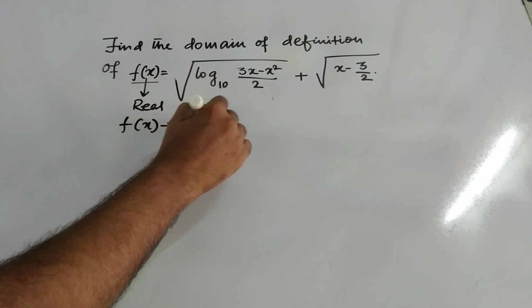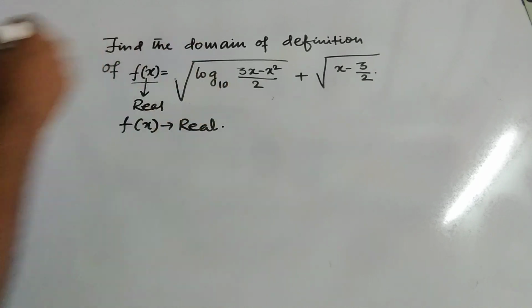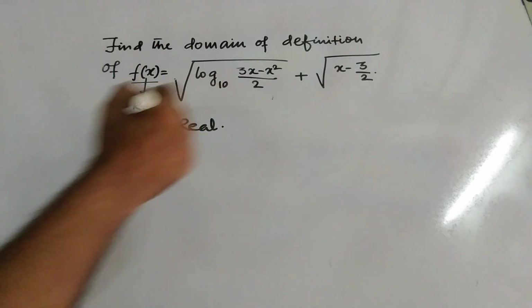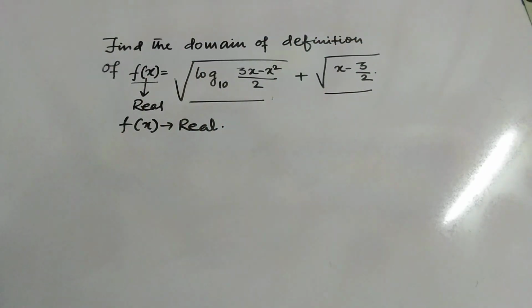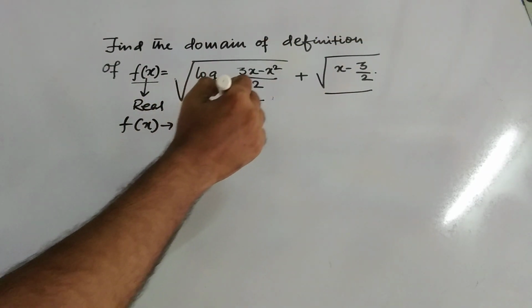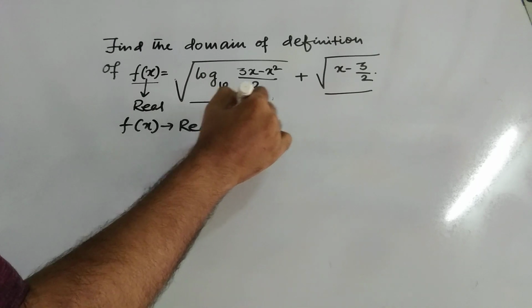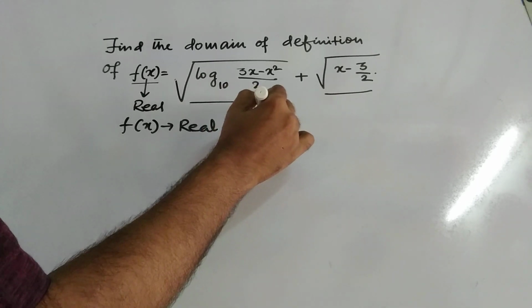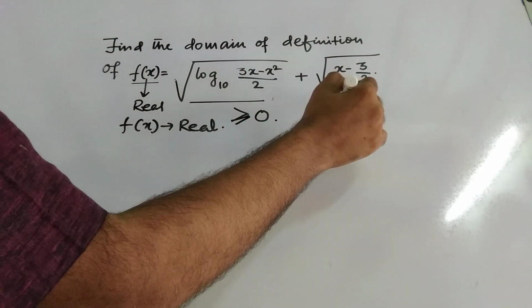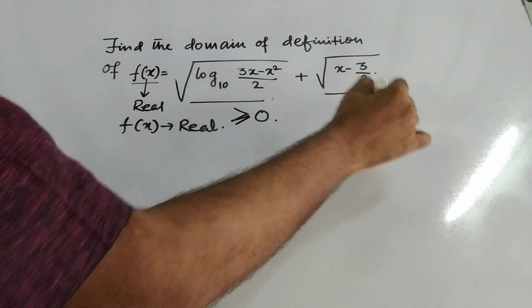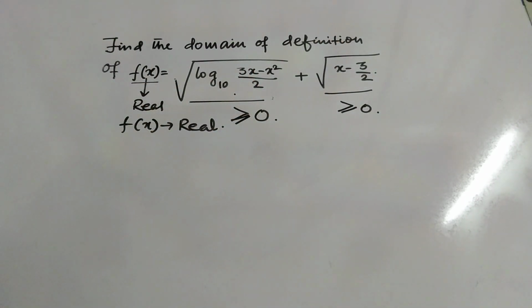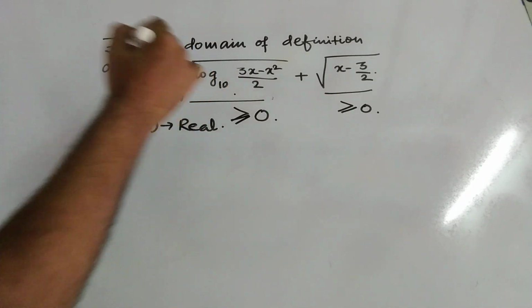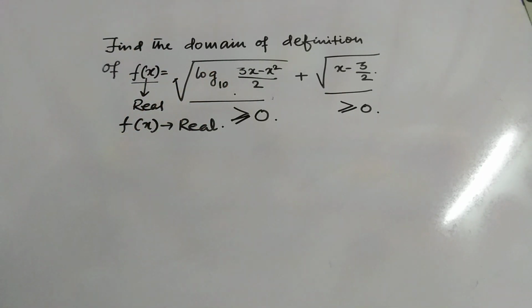Now obviously we can conclude that for f(x) to have valid values, these two expressions which are being added to form the function also have to be real. That means the entire first expression has to be greater than or equal to 0 and this expression also has to be greater than or equal to 0. If this was less than 0, that is a negative number, then the square root of a negative number would be a complex number.